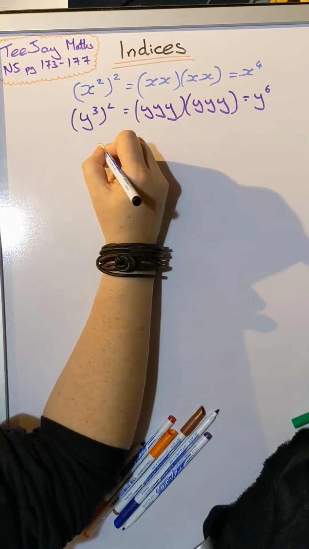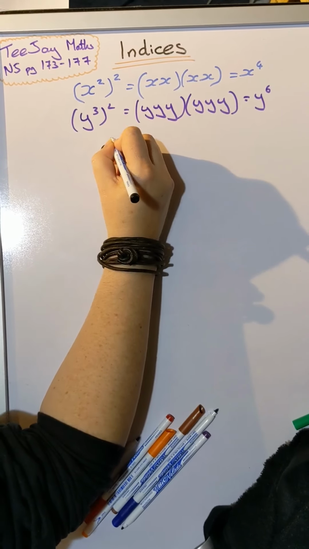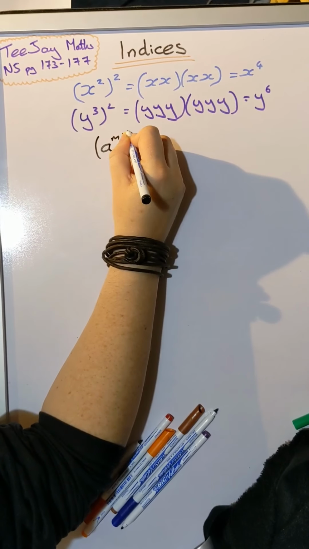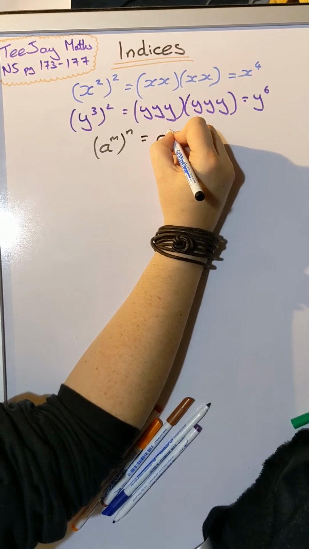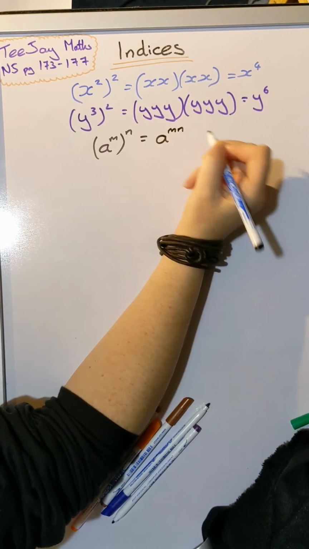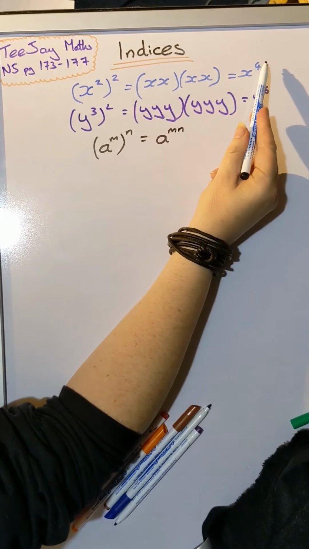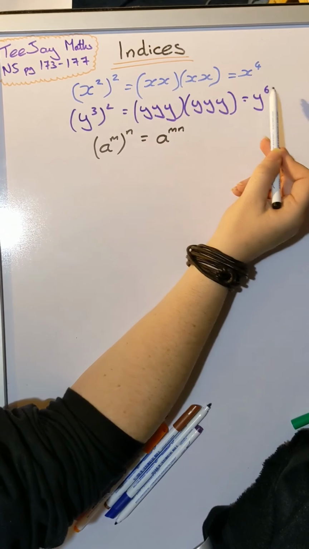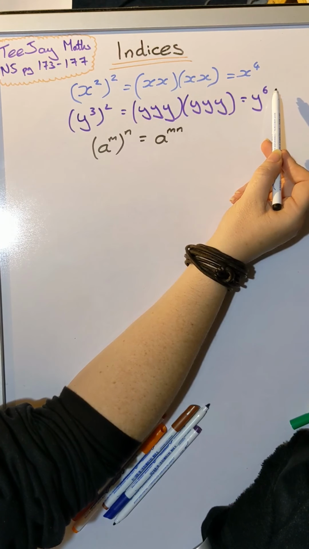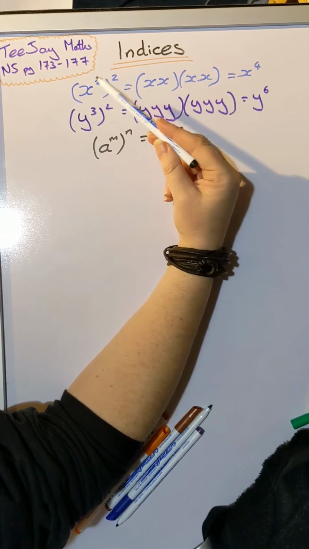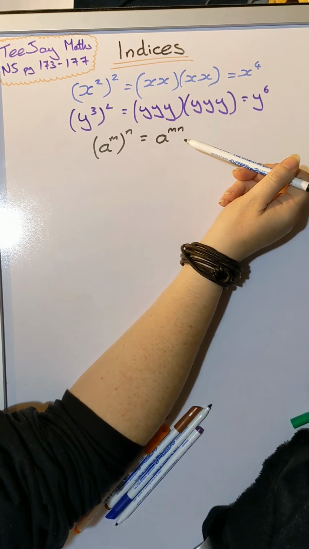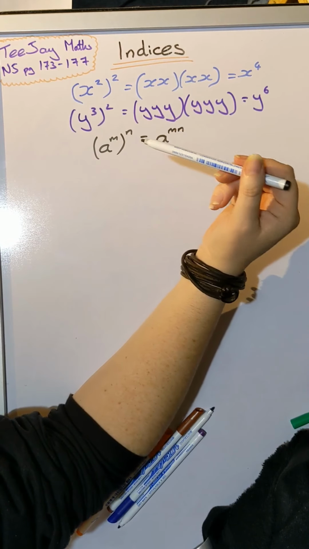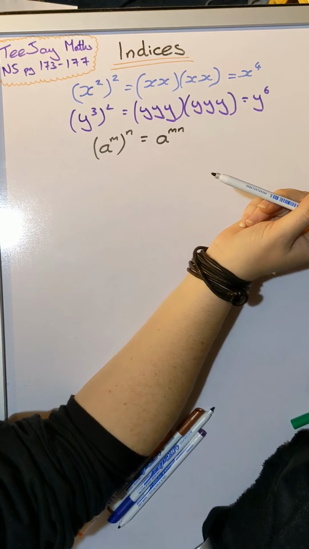This gives us the general rule: a to the power m to the power n equals a to the power m times n. 2 times 2 is 4, 3 times 2 is 6. So when you do a power to a power, you multiply. When you do a power times a power, you add.